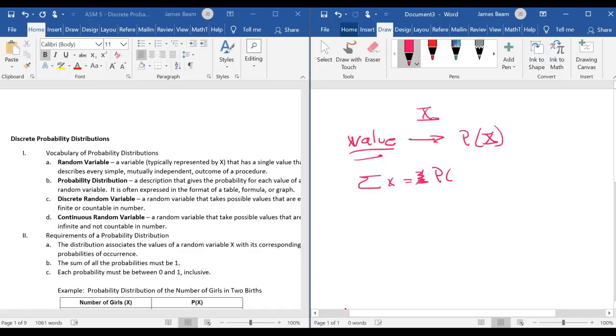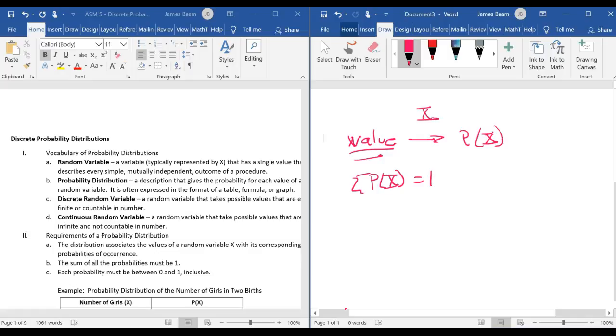It's not adding up all the values, it's the sum of the probabilities of the values. So let's rewrite that a little more neatly. If I take the sum of the probabilities for all the possible values of X, I should get 1.